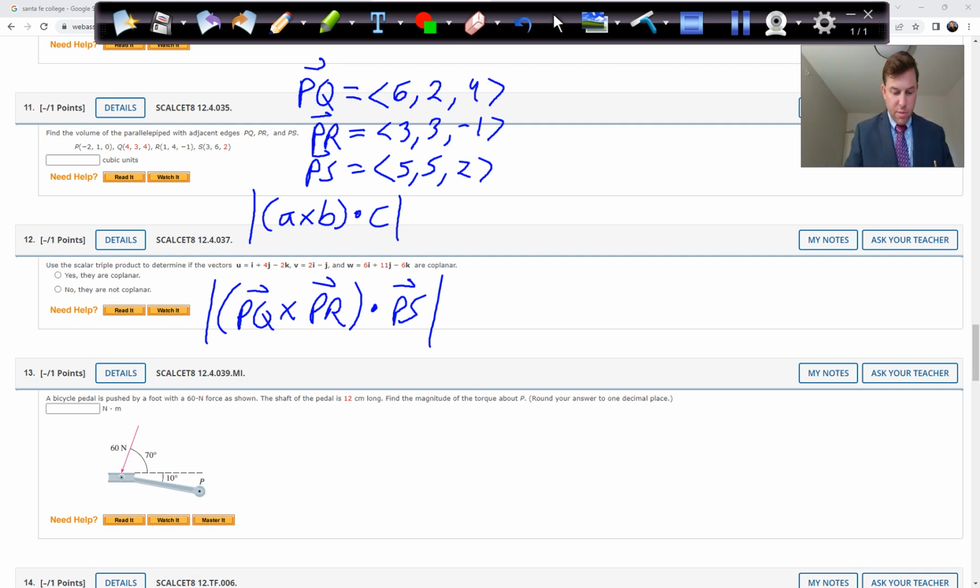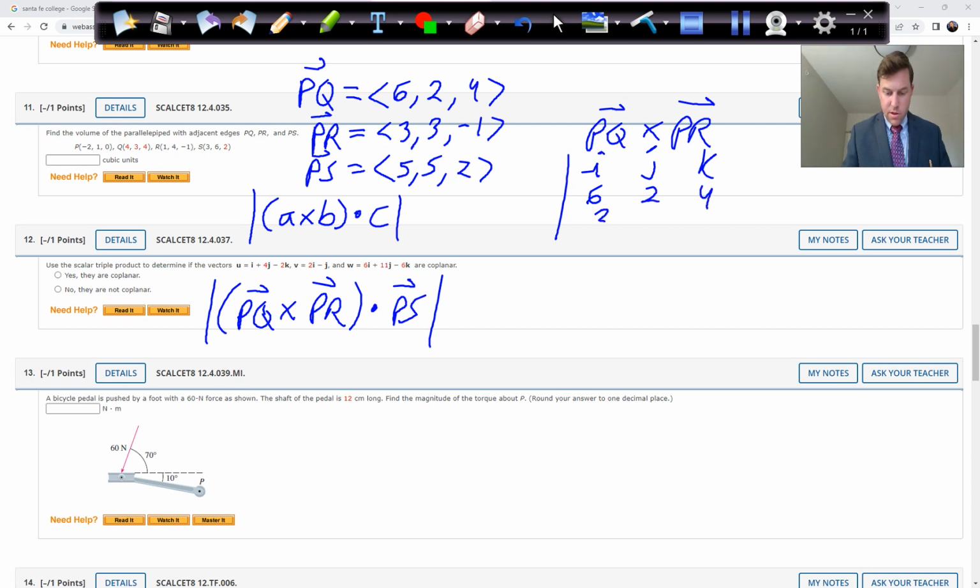So let's look at PQ cross PR. So PQ cross PR would equal I, J, K. PQ is 6, 2, 4.